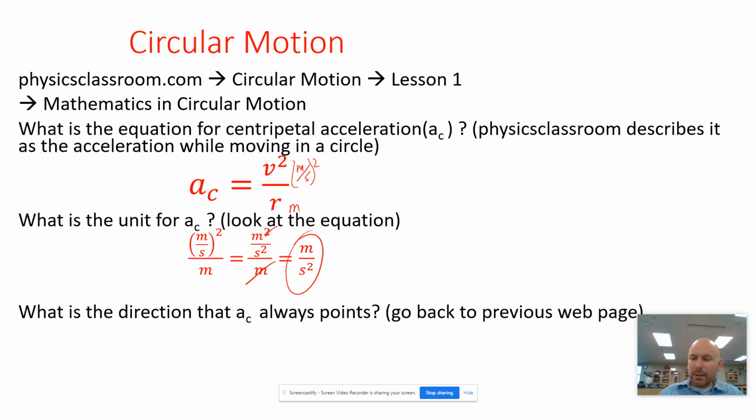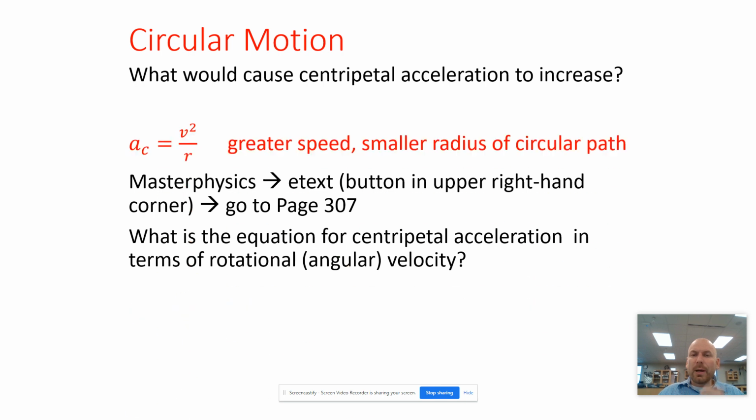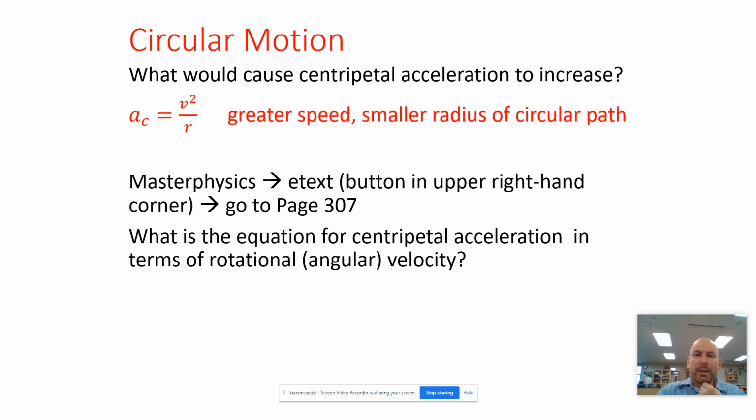The direction of this is always pointing towards the center of the circular path, the same direction as centripetal force. So centripetal force and centripetal acceleration are always pointing towards the center of the circular path. What would cause centripetal acceleration to increase is if you had a greater speed, you're moving faster, or you have a smaller radius of curvature.